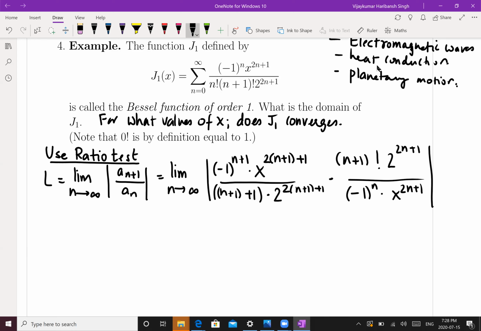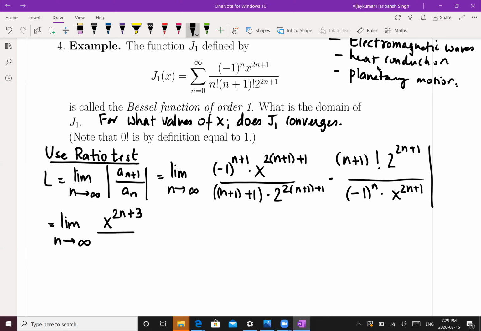So this is the same as limit as n goes to infinity. Now minus, because of the absolute value sign, you can get rid of that. You have x to the power 2n plus 3. In the bottom, I have n factorial, right? So we should have had n plus 1 factorial there.